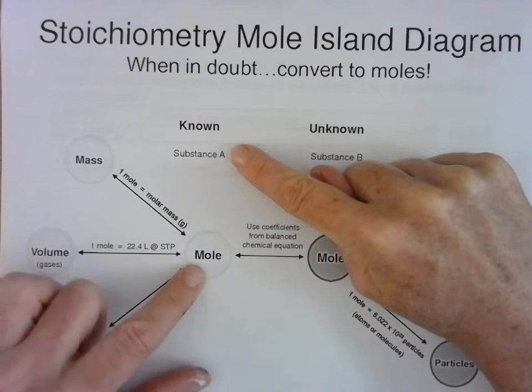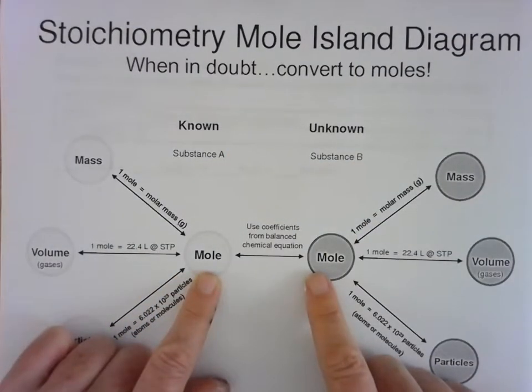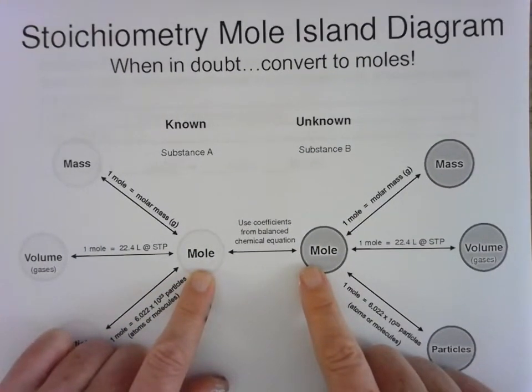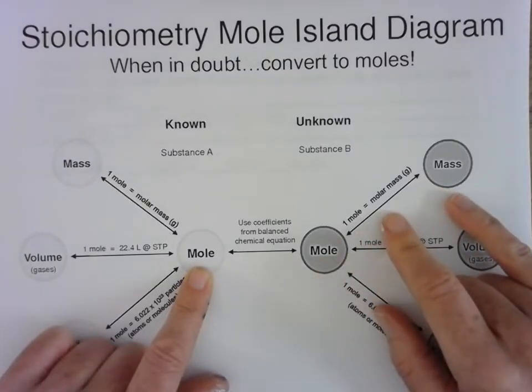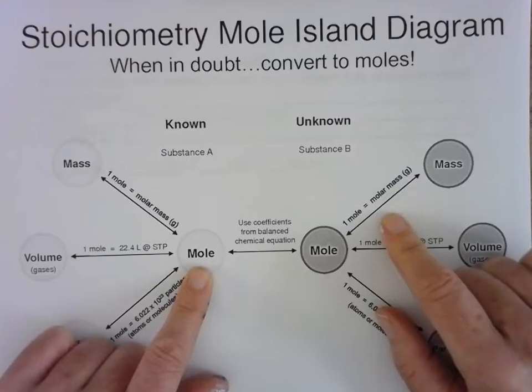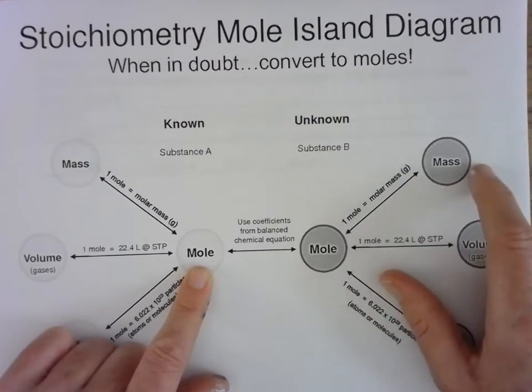Then we're going to use the molar ratio, getting the coefficients from the balanced equation, to convert from known to unknown chemical, substance A to substance B. And then we're going to go to mass, using again our grams to moles conversion factor, which is usually molar mass but could be atomic mass, to get the unknown grams.